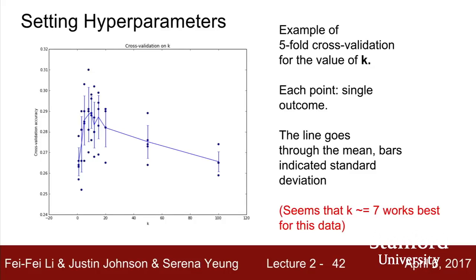Whenever you're training machine learning models, you end up making plots like this, that show you your accuracy or performance as a function of your hyperparameters. And then you want to pick the model or the set of hyperparameters that performs the best on the validation set. So here we see that maybe about k equals 7 works best for this problem.